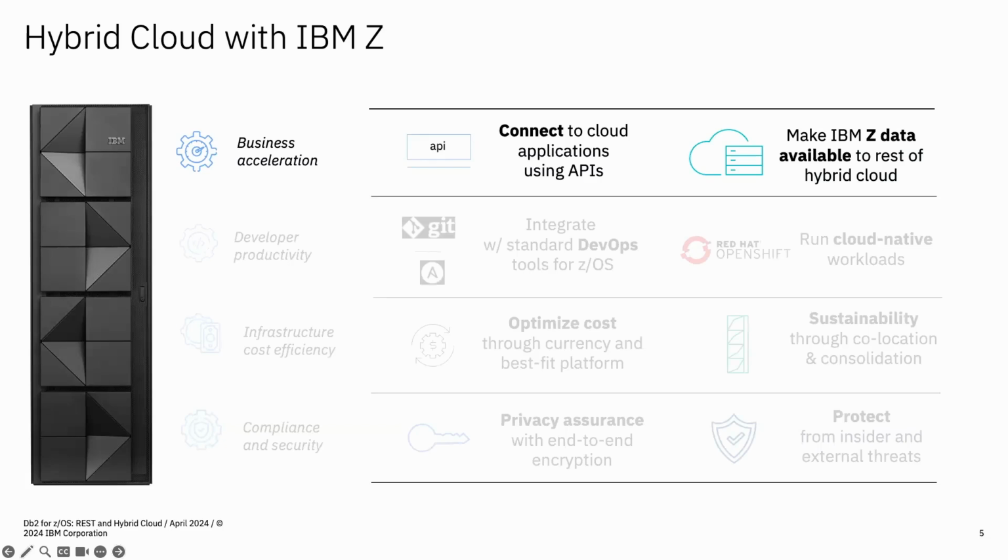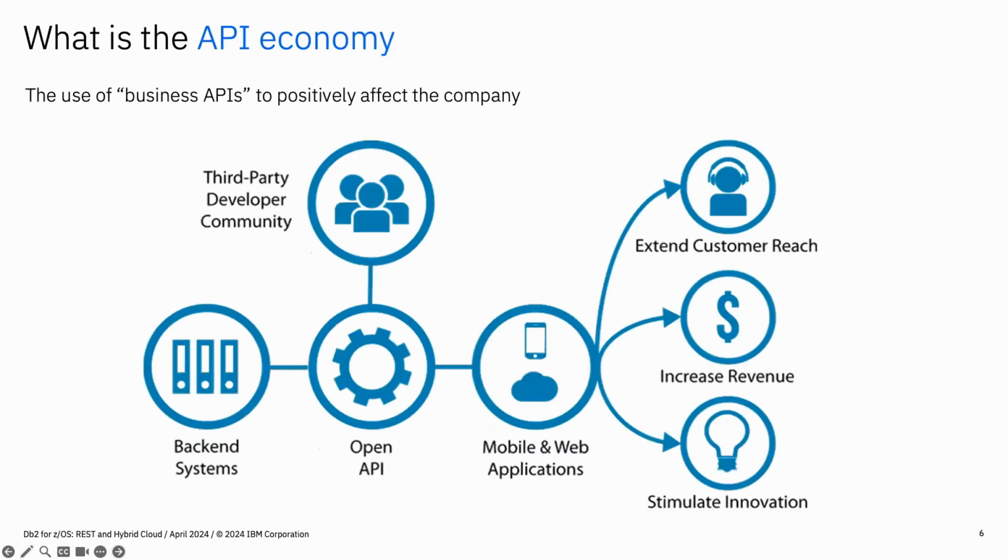As Tori and I are DB2 specialists, we work a lot with DB2 data. That is IBM Z data, and that is what we are making available to hybrid cloud here. And the rest of these are also really great information, but you'll have to go to another presentation for more information on developer productivity and infrastructure cost efficiency and things like that.